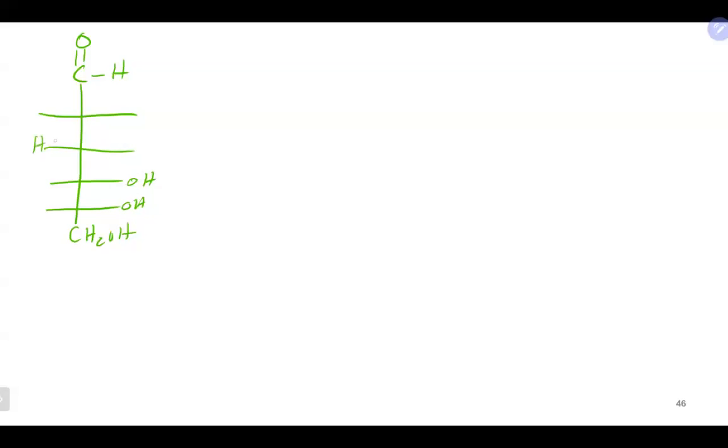All right. So you draw this guy here. Let's do this. And let's just make up some stuff here. We'll go this way. We'll go this way. We'll go this way. We'll go that way. Why don't you draw the beta anomer? Then why don't you also do this one as well?